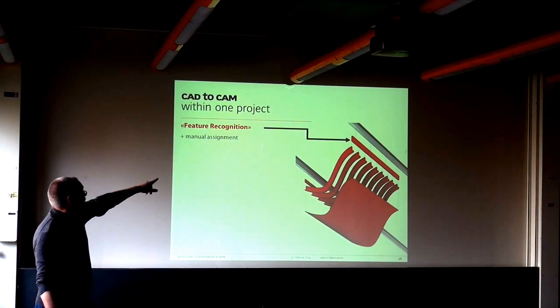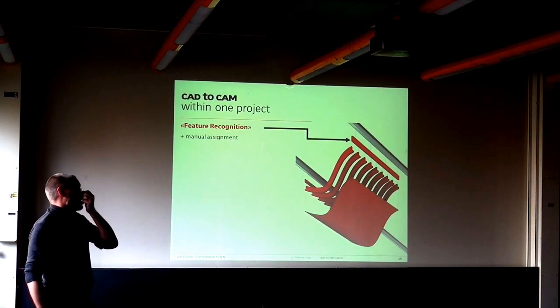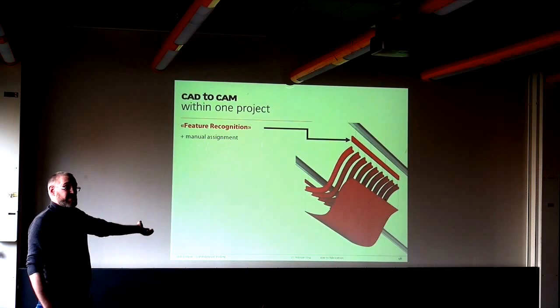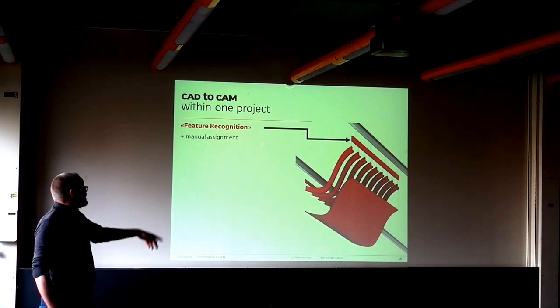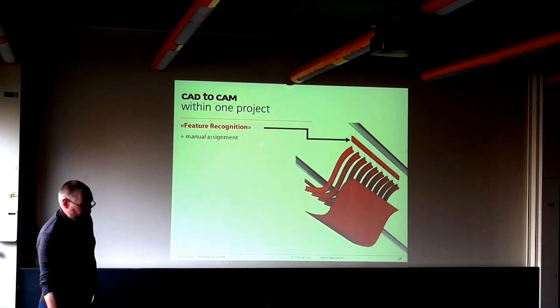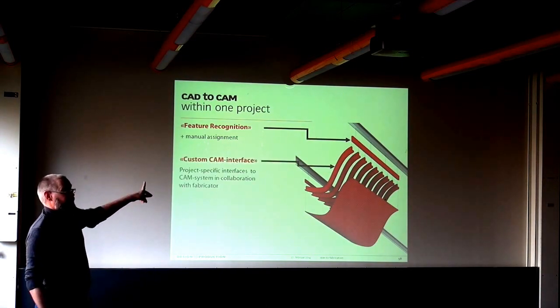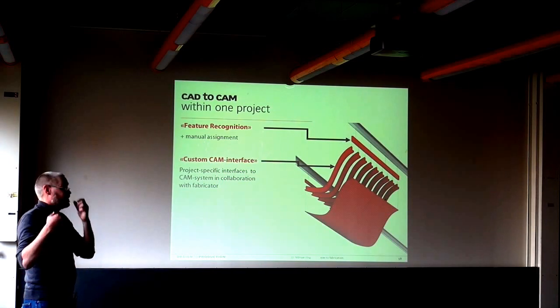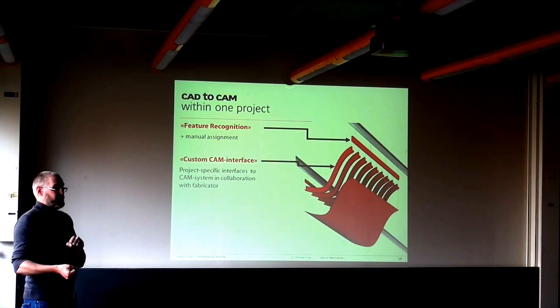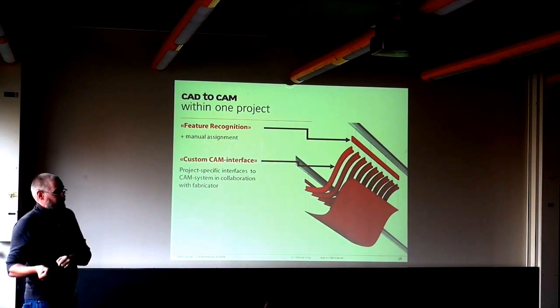I mean, we do sometimes go this way of feature recognition, getting machining information out of the final geometry, but only for very straight pieces like the one up there. Many times we're actually providing custom CAM interfaces and negotiate how we transfer information between the geometrical parametric model and the fabrication model at the fabricator.